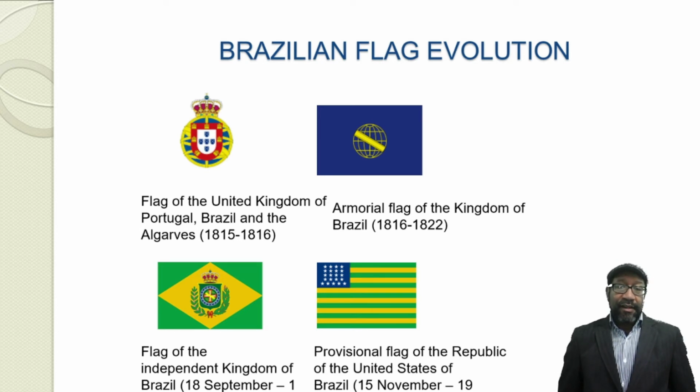So just a symbol like a crown, something like that, right? Then the armorial flag of the Kingdom of Brazil, this horrible flag. It looks like whatever, man. What they had in mind to do this, I really don't know.